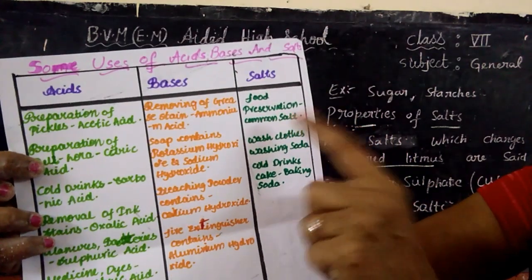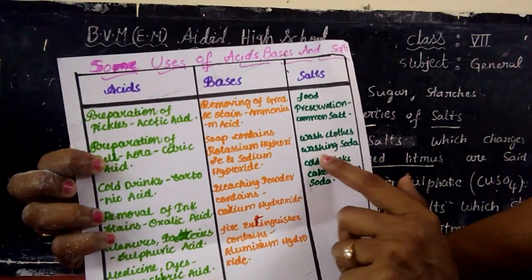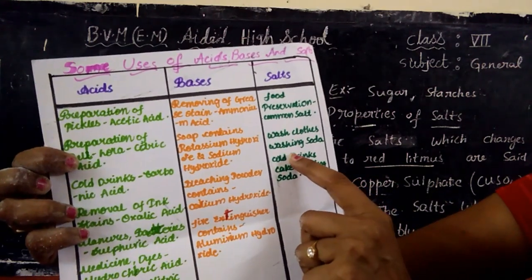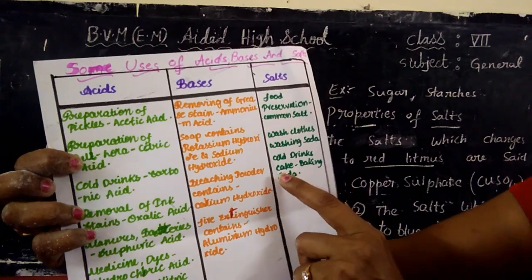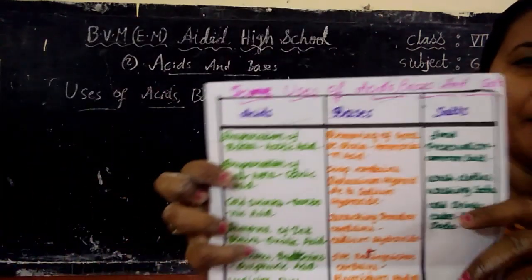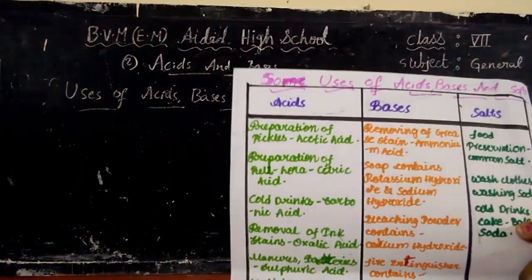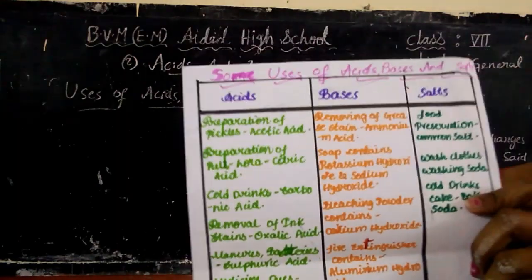In every curry, we are using common salt. And next, washing clothes: for washing clothes, we are using washing soda. And next, for cool drinks and cakes, we are using baking soda. These are some uses of acids, bases and salts.